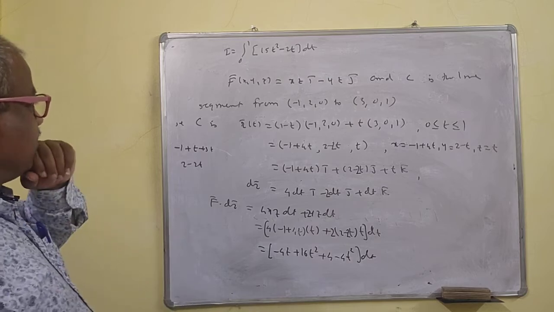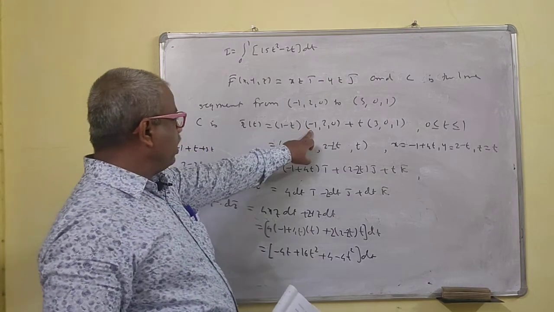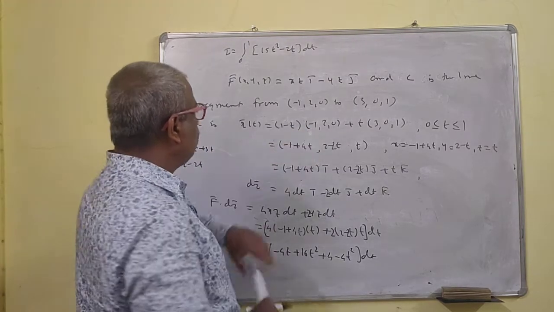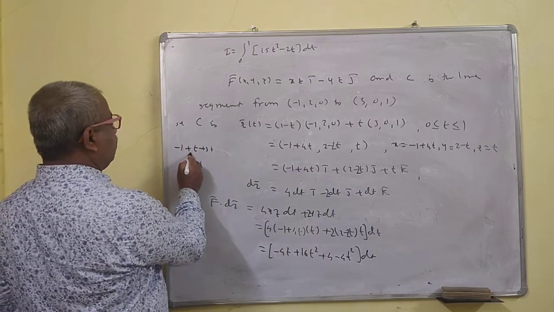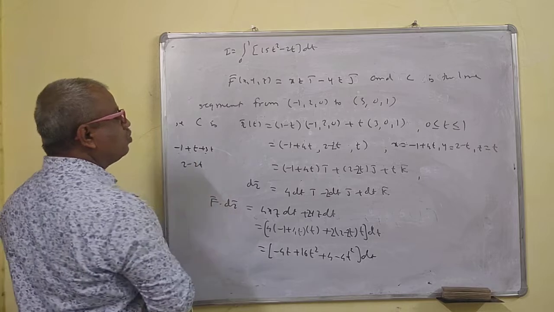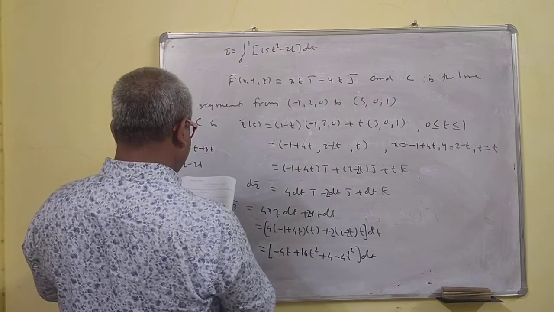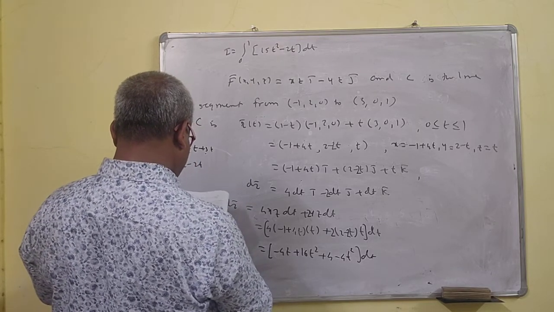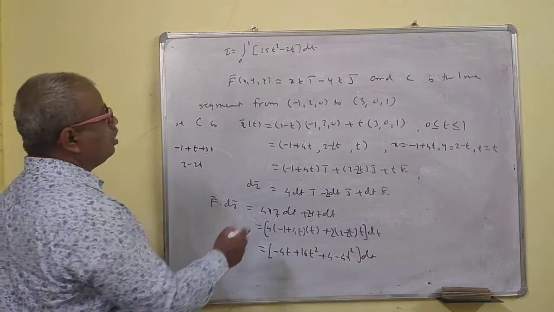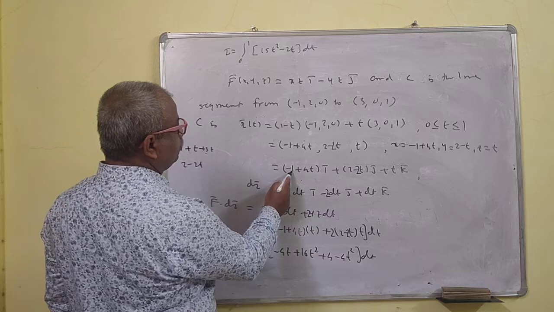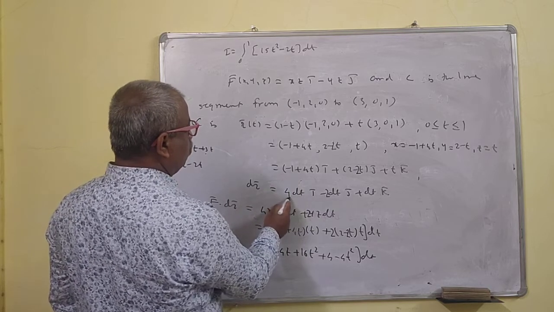Okay, so we'll check here, 1 minus t minus 1. Okay, we'll check once again. 1 minus t, so this is what, minus 1 plus t plus 3t. So this is correct. Okay, so next one is what, 2 minus 2t, that is also correct. T is also correct. Okay, so we'll check the derivative. So the derivative is what, 4 dt.